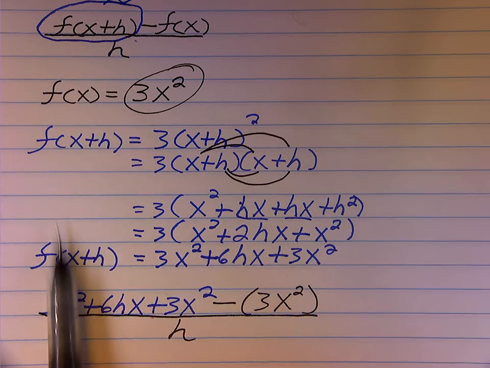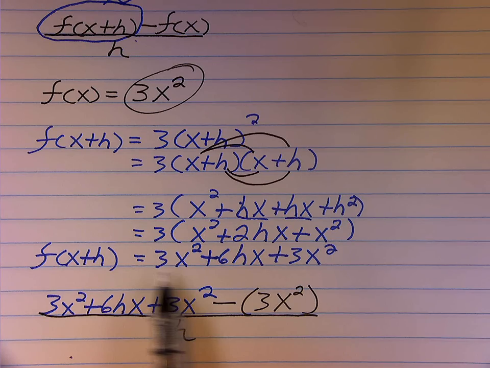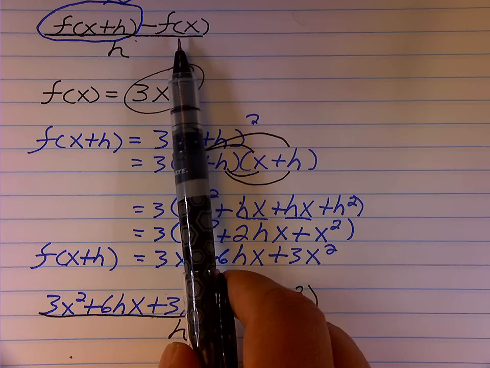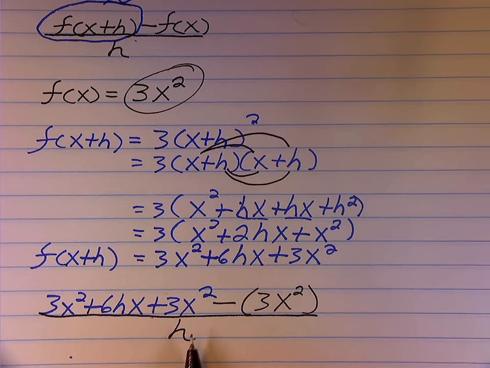So let's take a look at it right now. I calculated f of x plus h right here. I plugged it into the formula. Then I'm subtracting f of x, which was given. All of this divided by h.